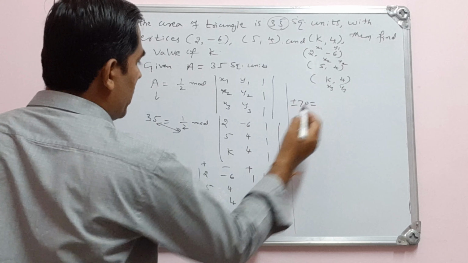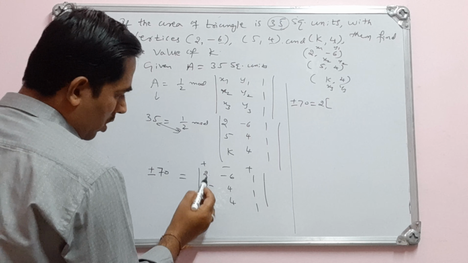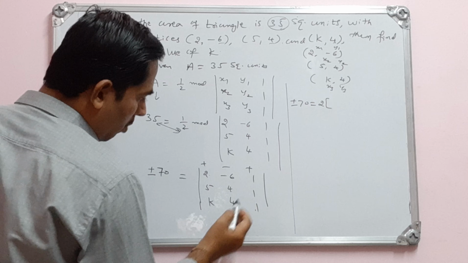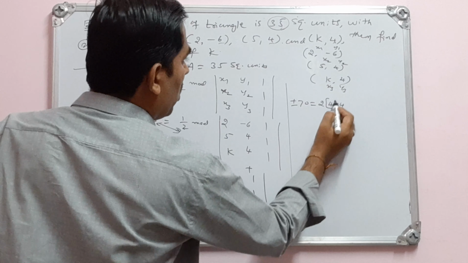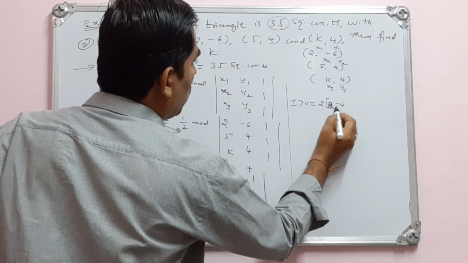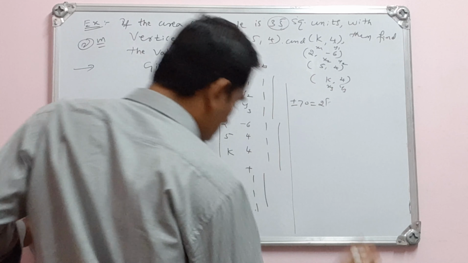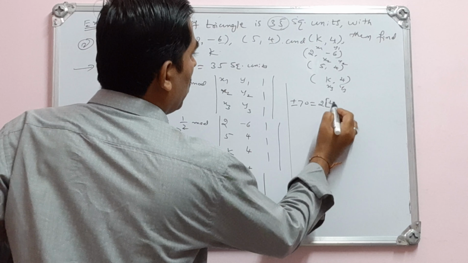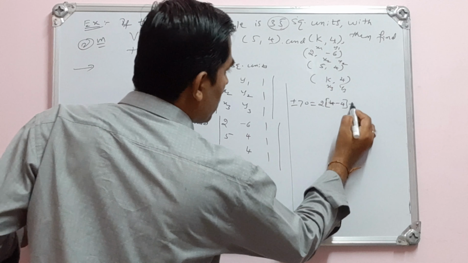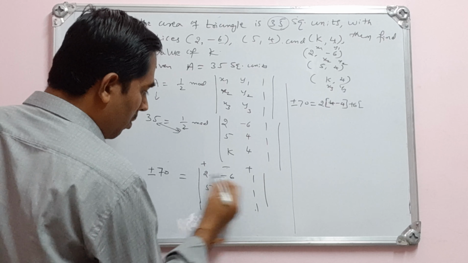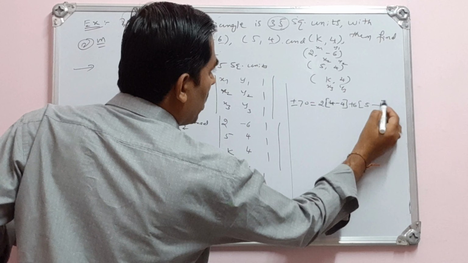Plus or minus 70 is equal to plus 2 into, leave this column and this row, 4 into 1 is 4, 4 minus 4 is 0. Then minus into minus, that is plus, plus 6 into, leave this column and this row, 5 into 1 is 5, minus k into 1 is k.